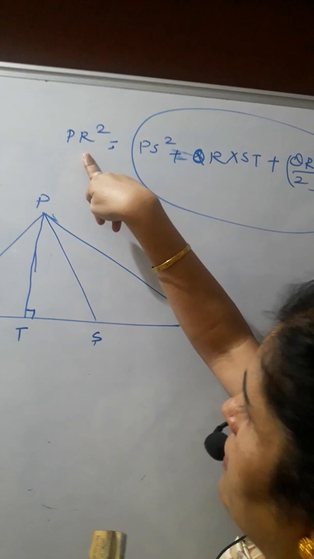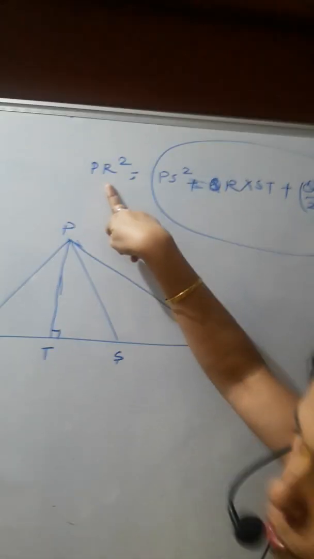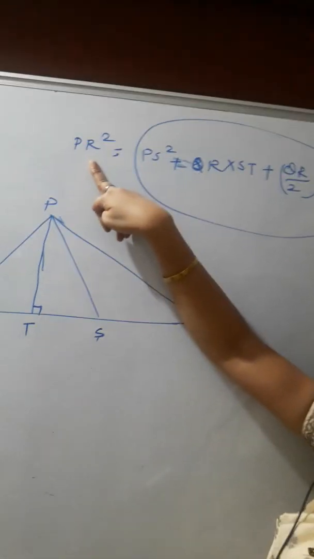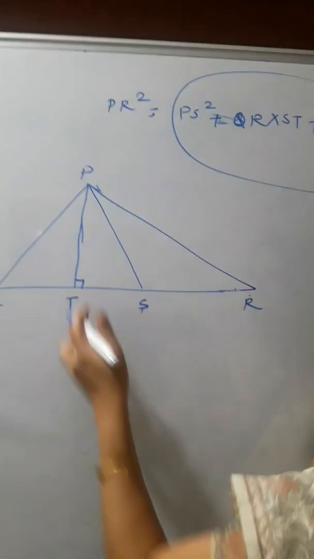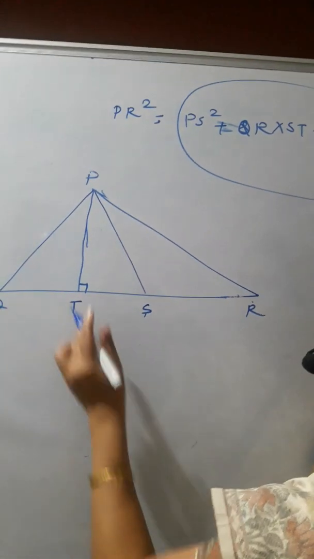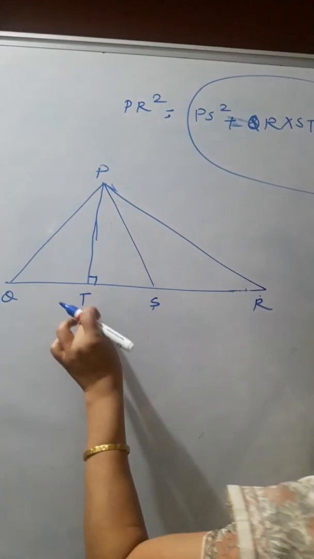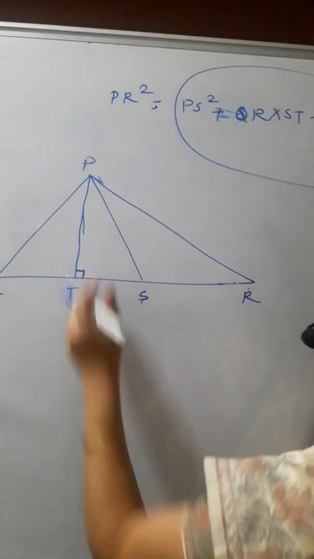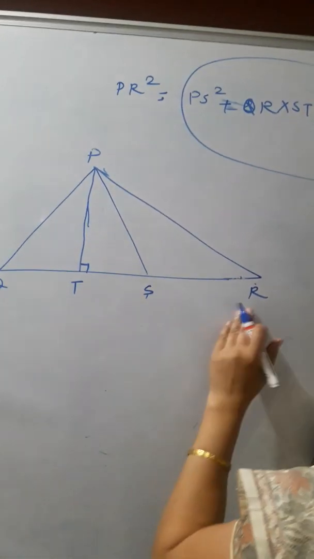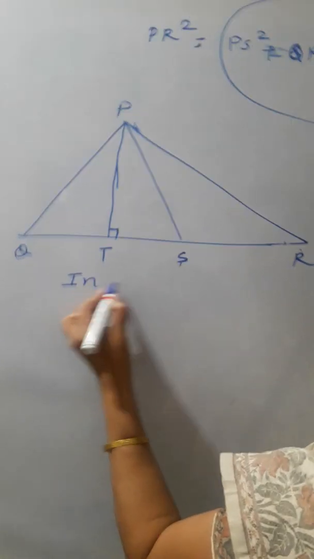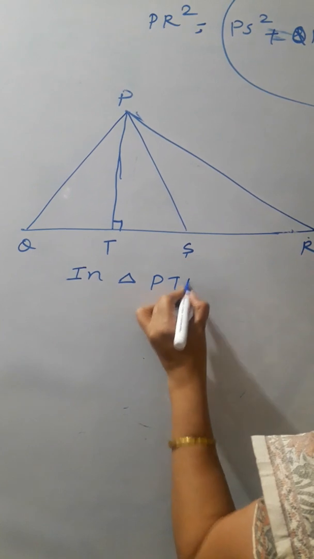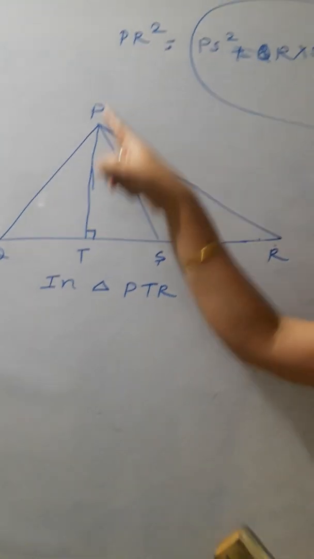See the LHS. This is PR square. Therefore, to get PR square at LHS, what I will do? I will use Pythagoras theorem in this triangle PTR. In a triangle PTR. Are you getting? In triangle PTR. See the triangle PTR.